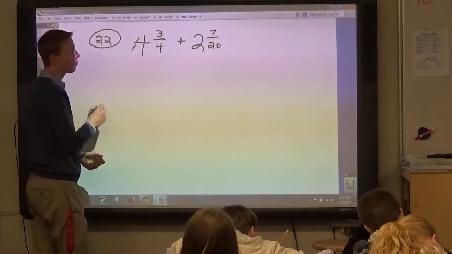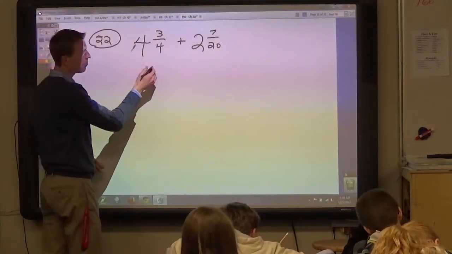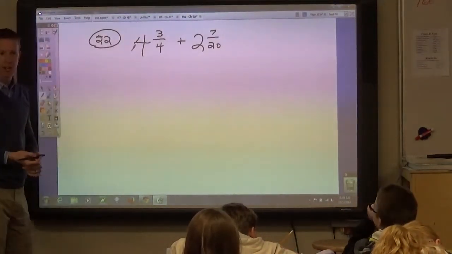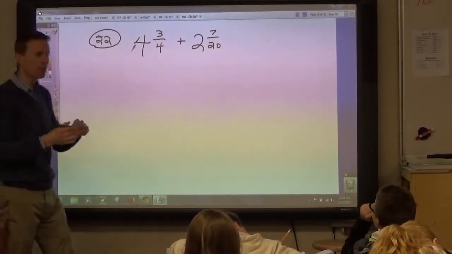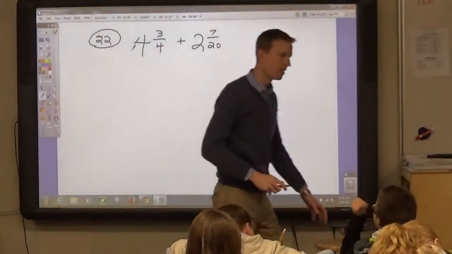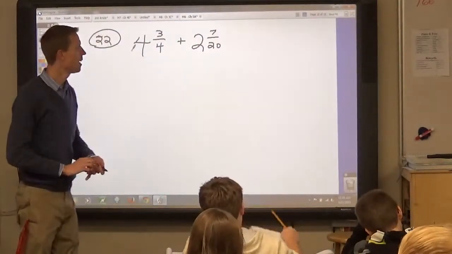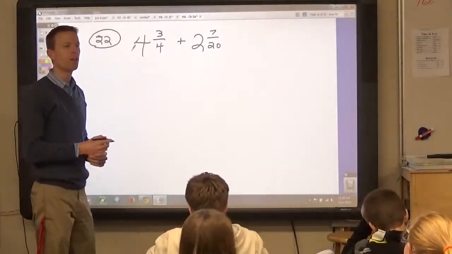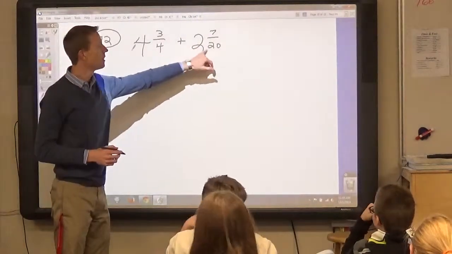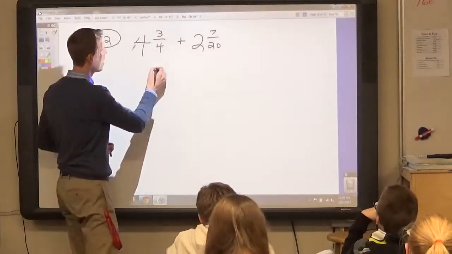So we need to rewrite the problem first. Convert it to a common denominator so that all the pieces are the same what, Noah? Size. Yep, same size. So how would we convert it to the same size? Times 5, good.